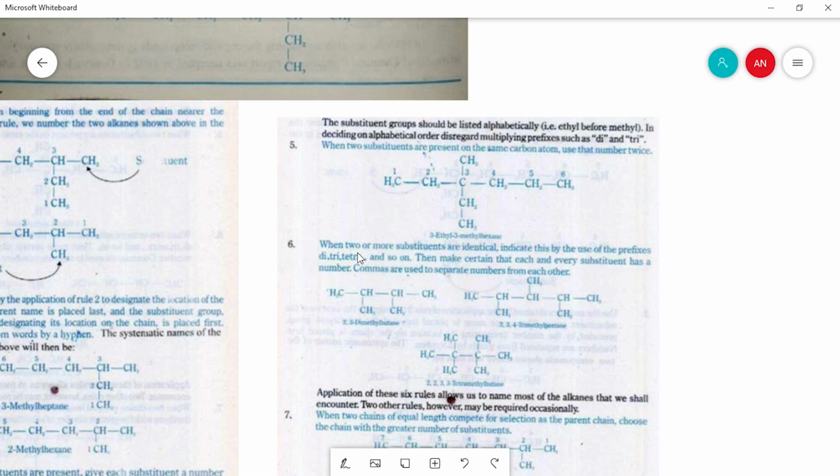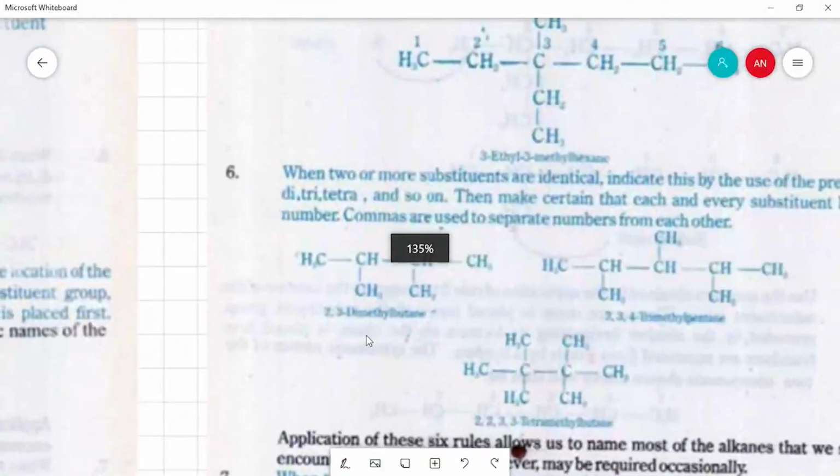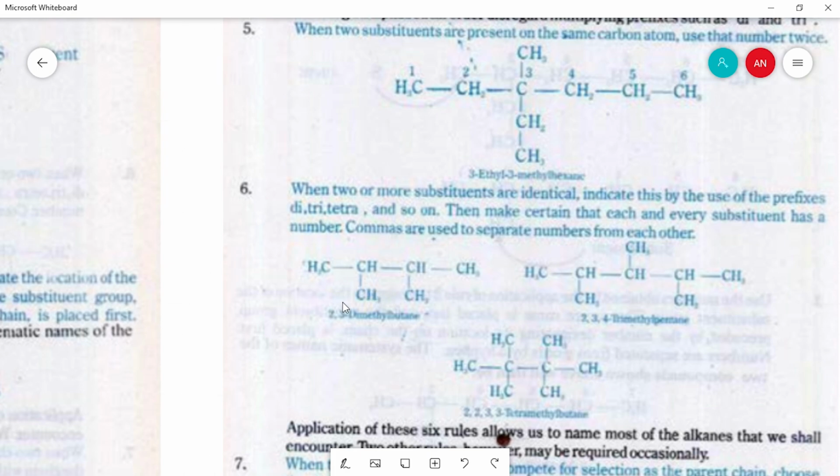Rule number 6. When two or more substituents are identical, indicate this by the use of prefixes di, tri, tetra and so on. Then make certain that each and every substituent has a number. Commas are used to separate the numbers from each other. Like here, we can see 2,3-dimethylbutane.